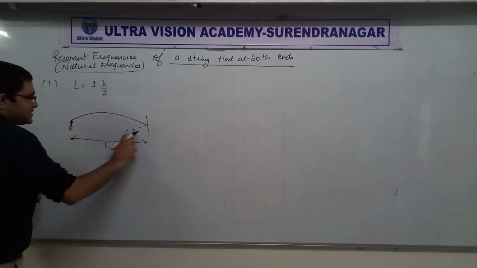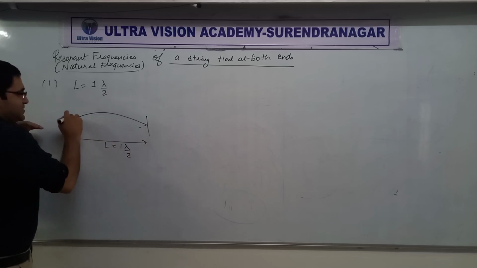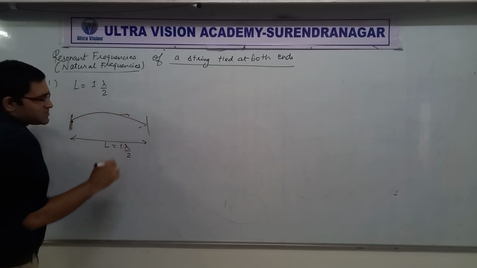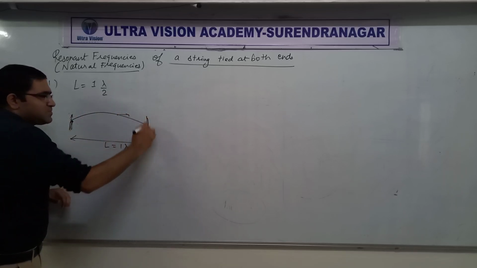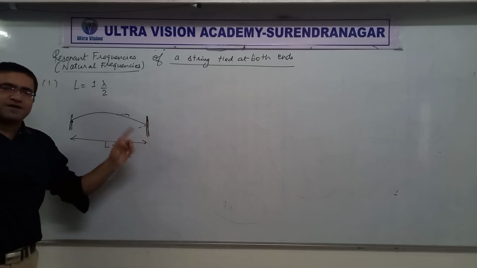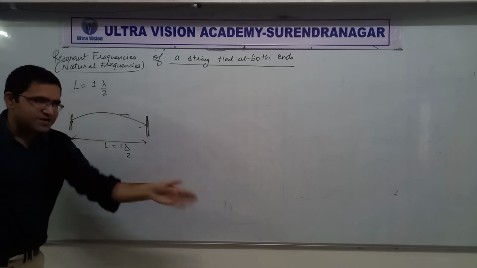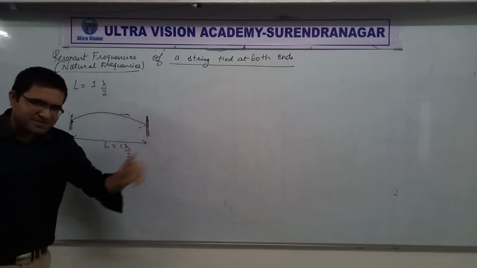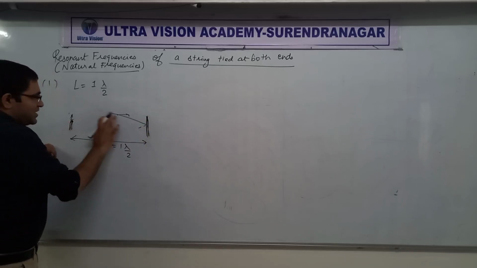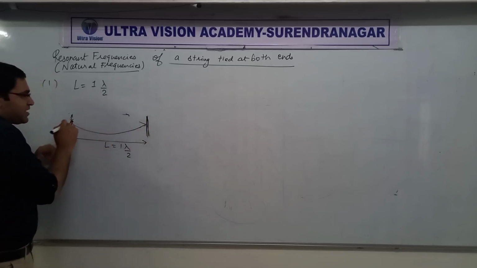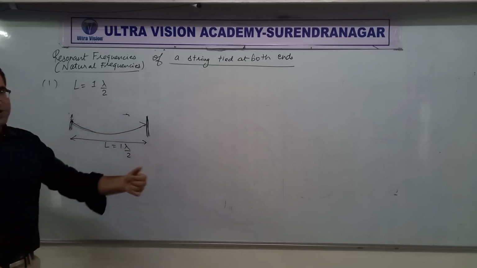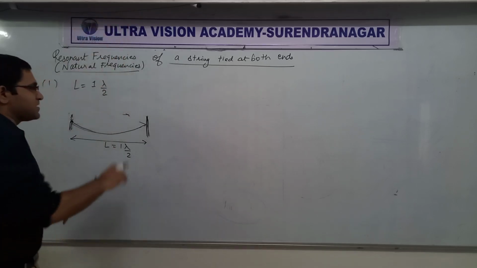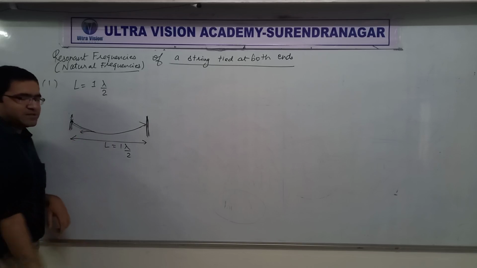A traveling wave will be generated and it goes towards this side. At this fixed point, it will hit, get reflected, and you know when it is reflected, it becomes inverted. From a fixed point, if it's reflected, it will become inverted and then travel like this.